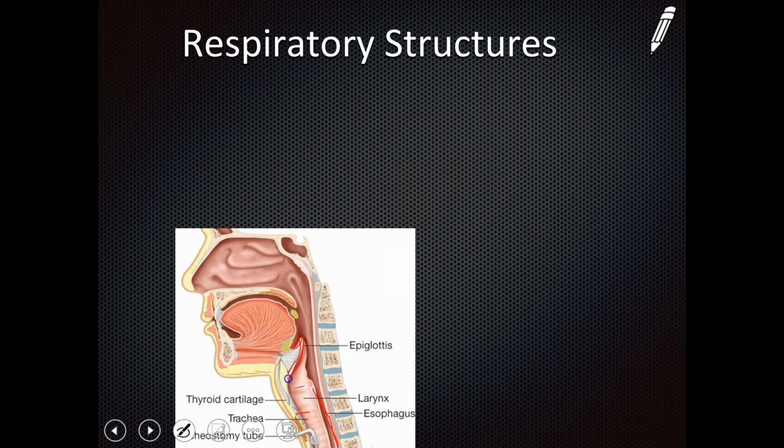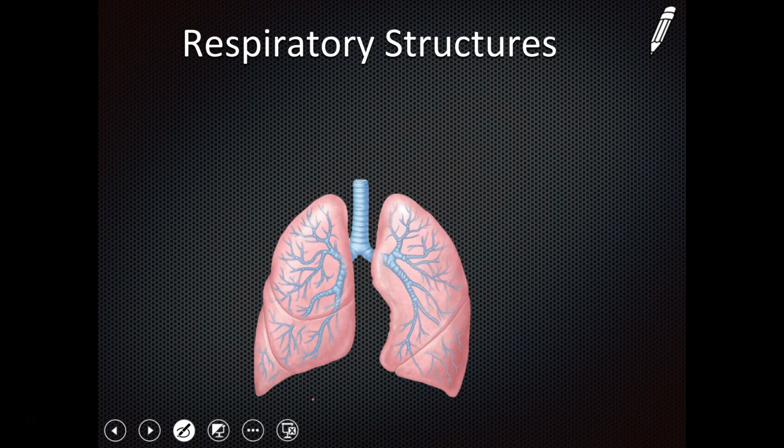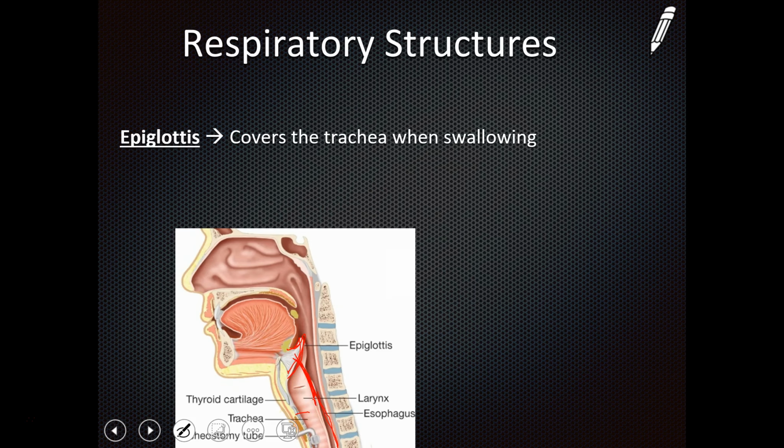This flap right here is called the epiglottis. And when you swallow your food, or that bolus, the epiglottis is going to close off that opening into the trachea, okay? And that makes sure that your food goes down the correct tube. So the epiglottis covers the trachea when swallowing. Make sure you get that in your notes, please.